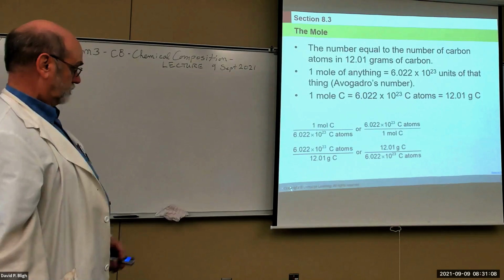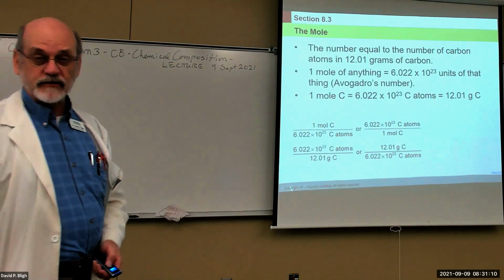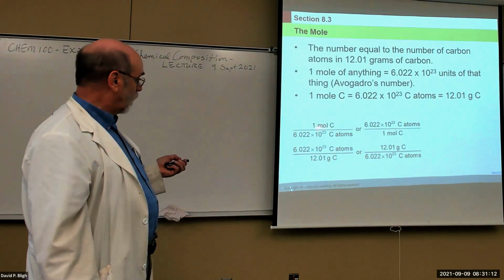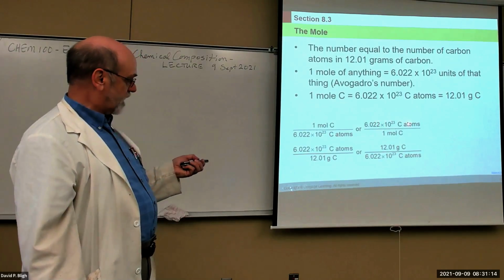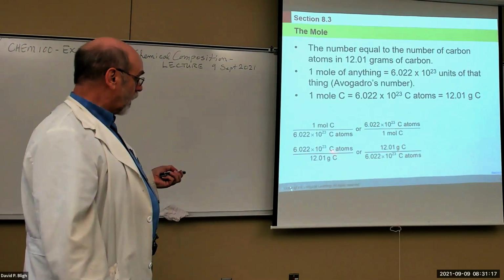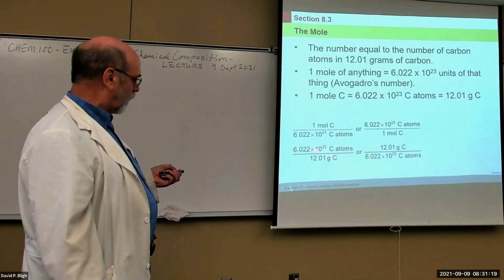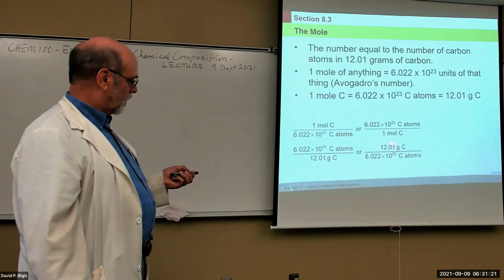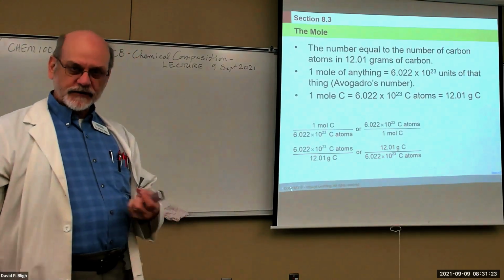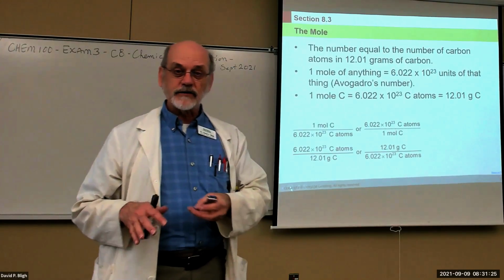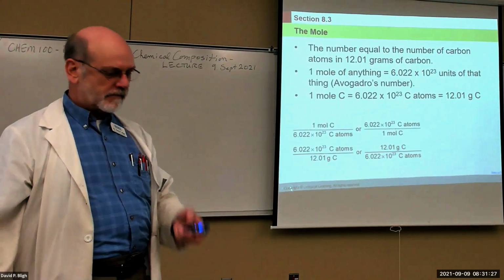So we've got these conversion factors that you can use. Right? 1 mole equals that many atoms, or that many atoms equals 1 mole. For carbon, that many atoms weighs this much, or that weight gives you that many atoms. So you've got multiple conversion factors that come out of this whole discussion.